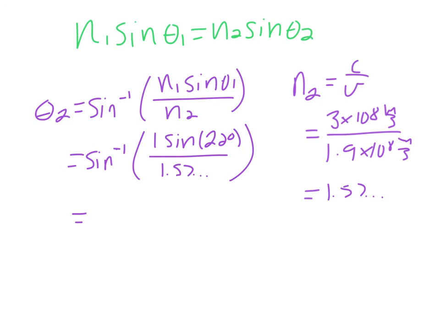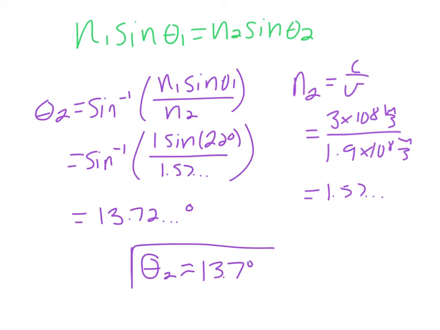And we get 13.72, keeps on going, degrees. So theta 2 with 3 sig figs is about 13.7 degrees. This number again is less than the incident ray, as it should be because we're moving from fast to slow.